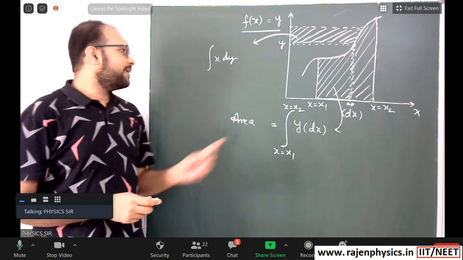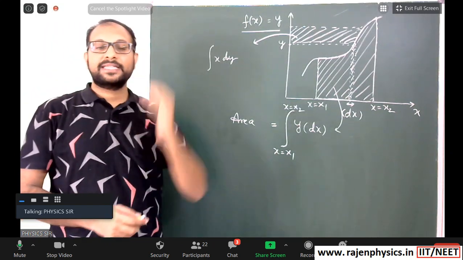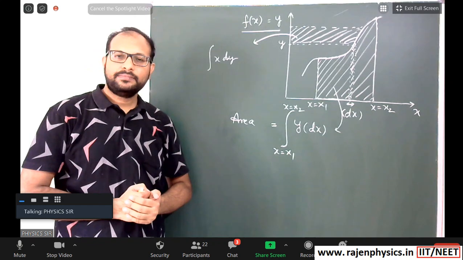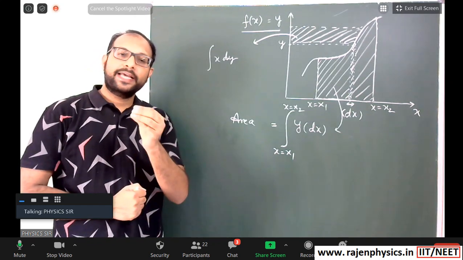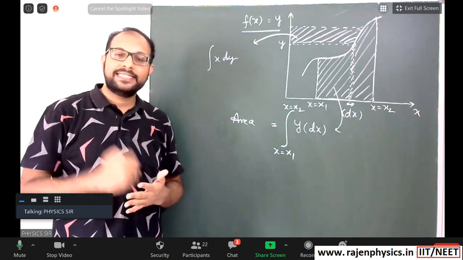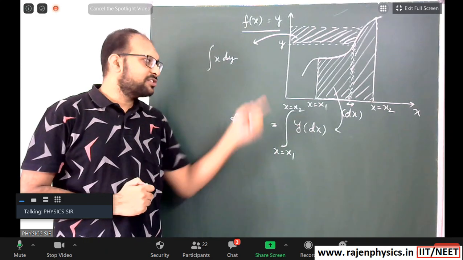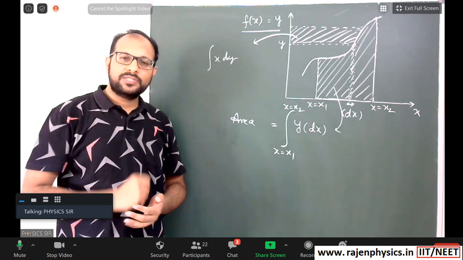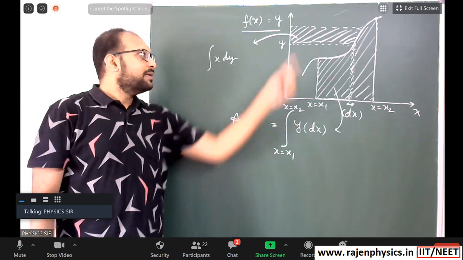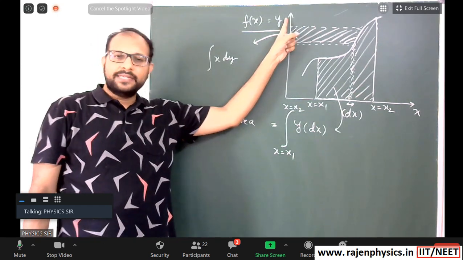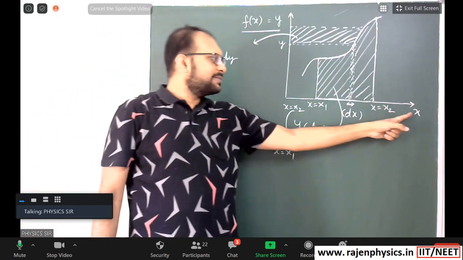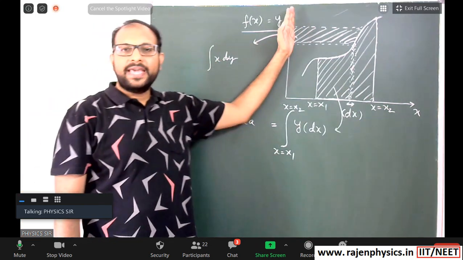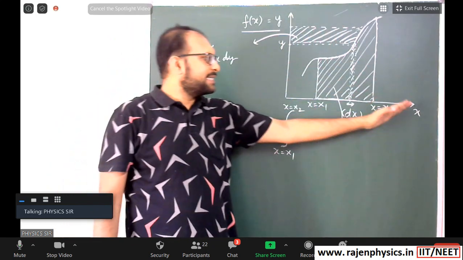Right, students, especially in our physics part, I will tell some known examples, but there are many applications of this integration in our syllabus. First, a simple example. Suppose velocity versus time: y-axis velocity, x-axis time.